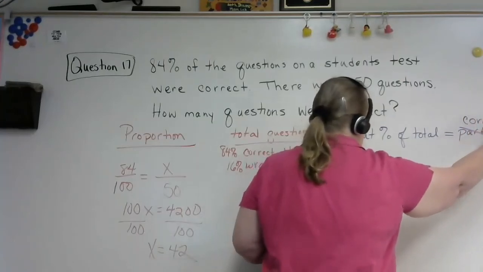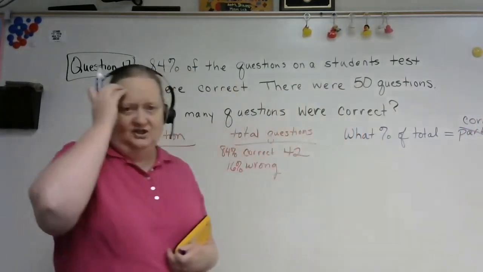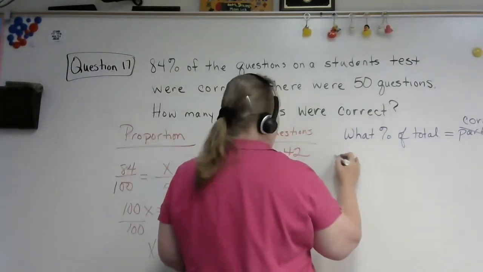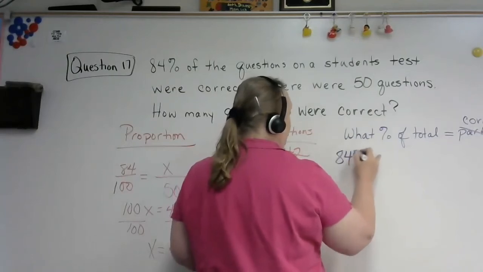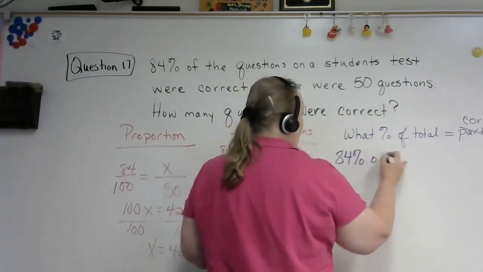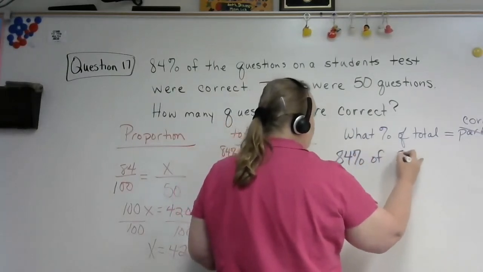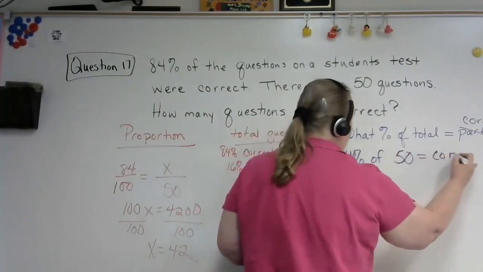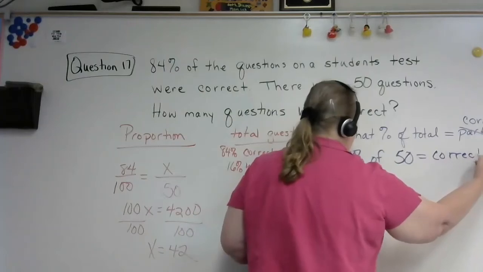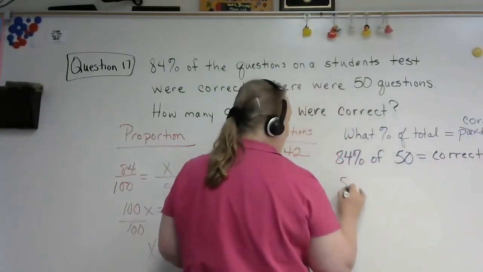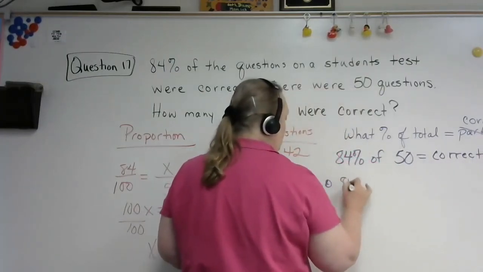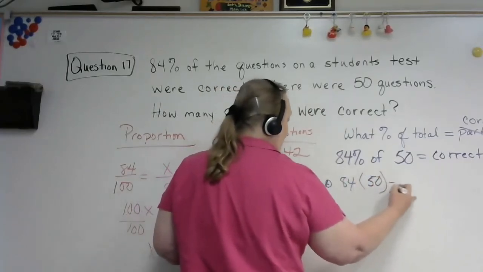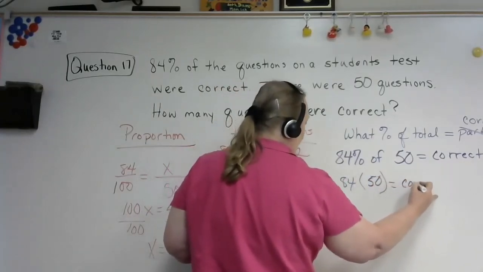And yes, I know that's going out of frame, but it just says the word correct there. So what percent? Well, that would be 84% of the total of the 50 equals the number correct. And so that'd be 0.84 times 50 equals the correct.